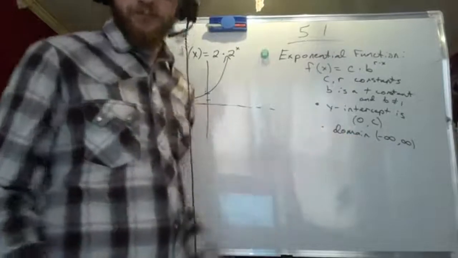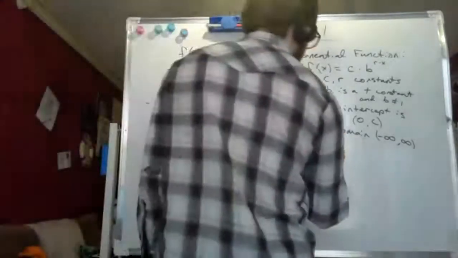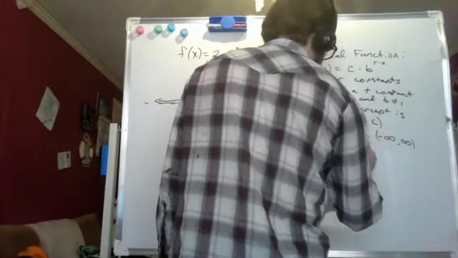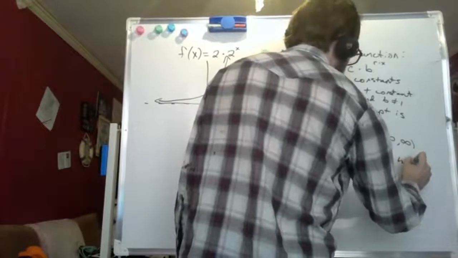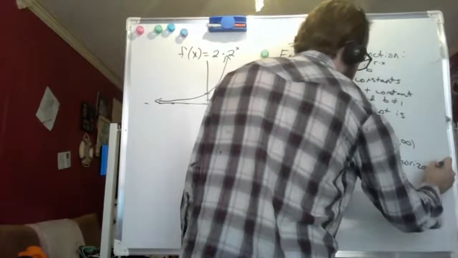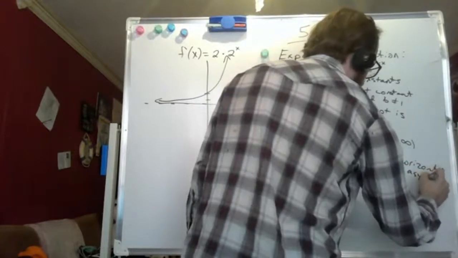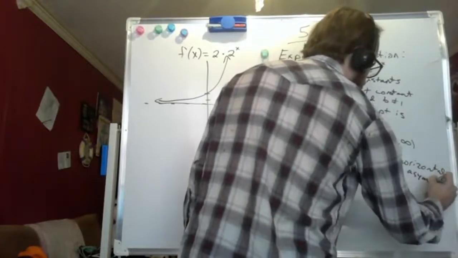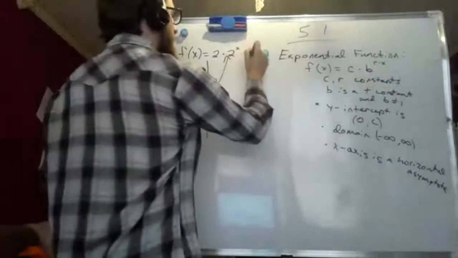That's good. Now we also want to note that the x-axis is a horizontal asymptote. And this is true for every exponential function. Why is that? Well, think about it. Where can this function equal 0?